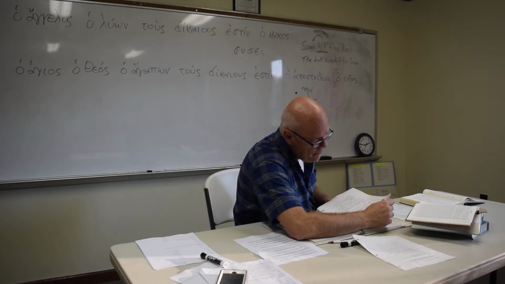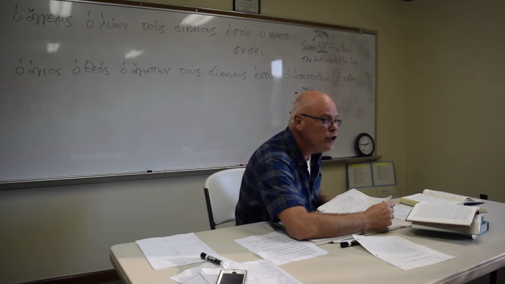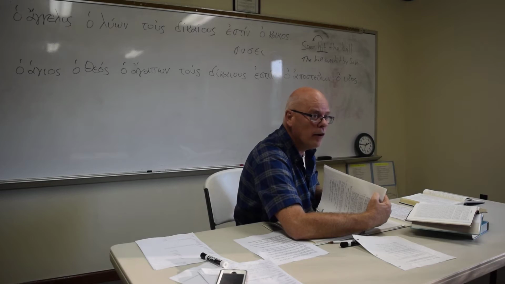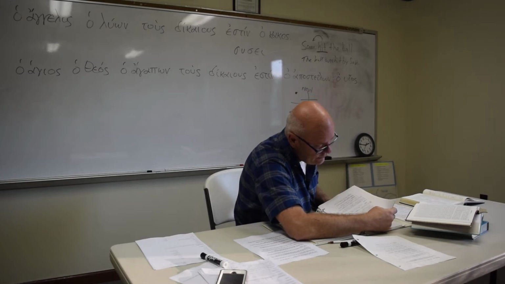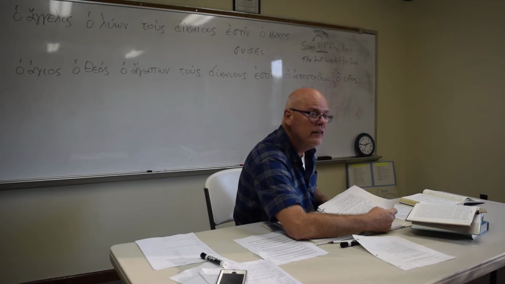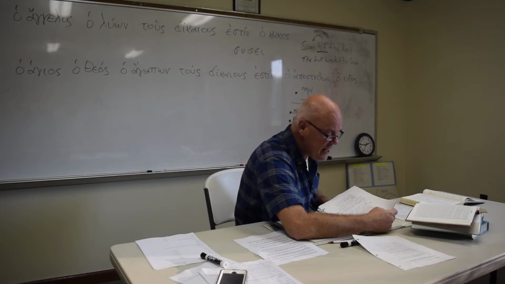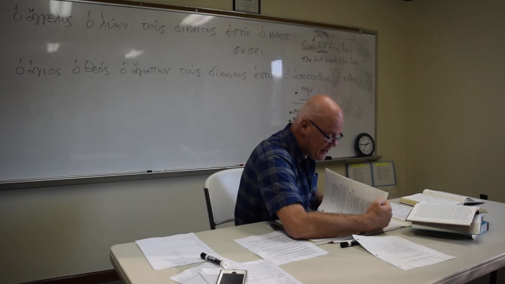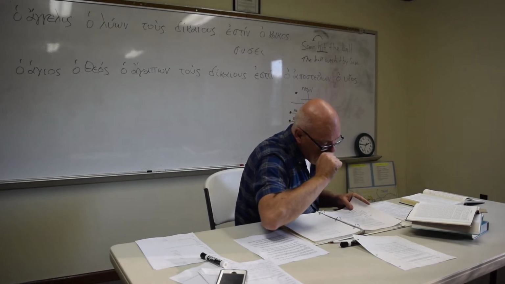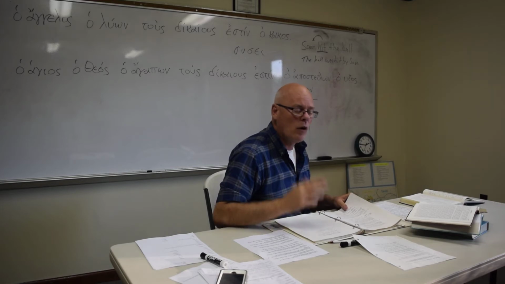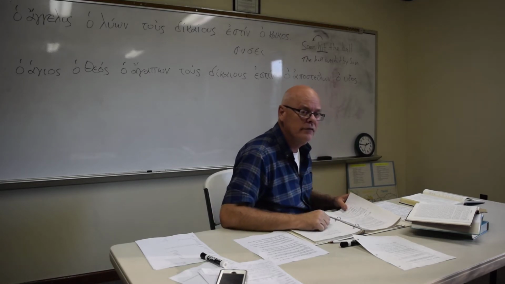But because you have the theta epsilon, you're going to drop that initial vowel sound, which is omicron. You drop that because of the preceding epsilon. But once you drop that, now you've got a sigma that's going to appear there, so you've got to stick an epsilon in between. Or, I'm sorry, an iota in between.